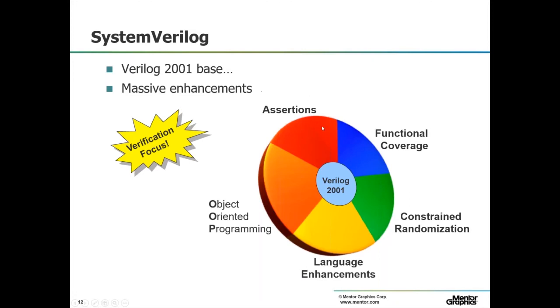But it added assertions and functional coverage, it added constrained random for doing randomization, and it borrowed a lot from the SystemC or C++ world and added object-oriented coding for infrastructure-based changes to the verification world.